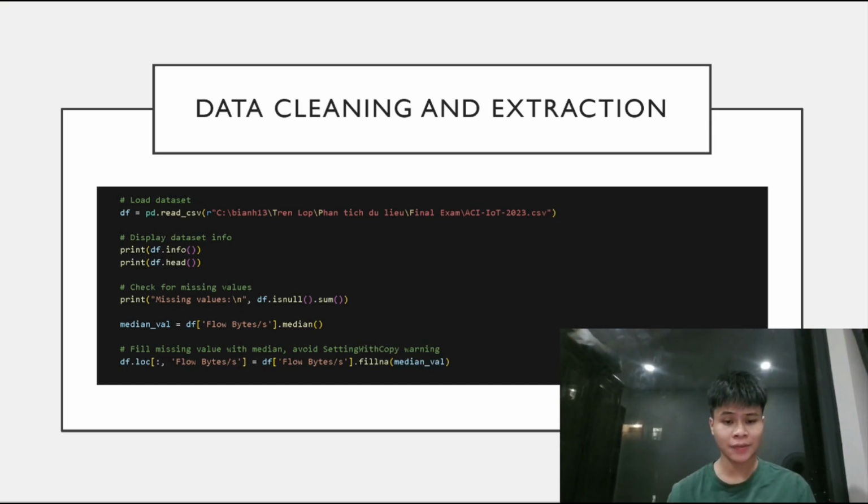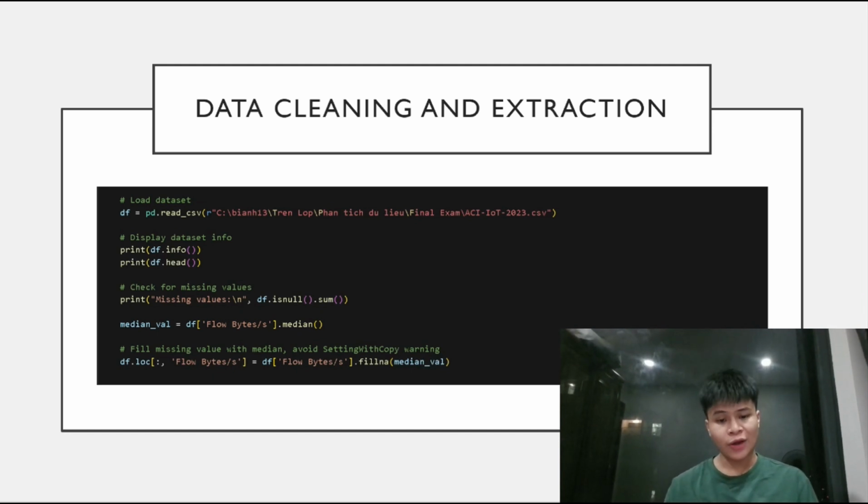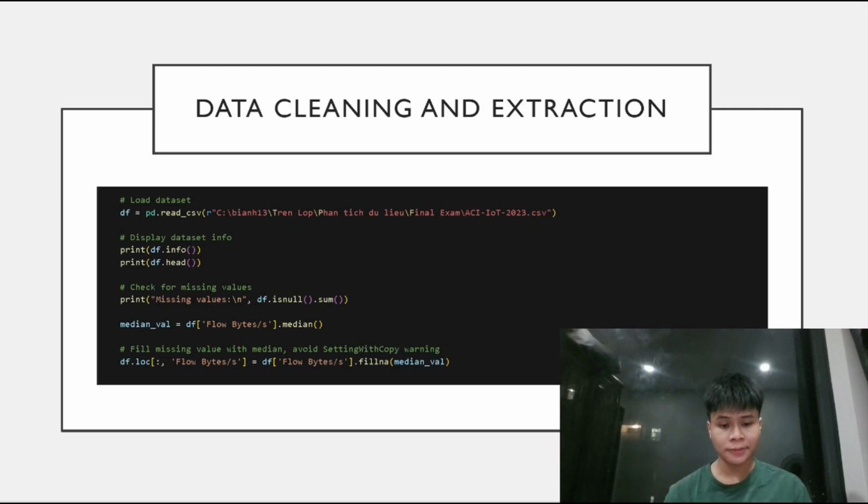Then we extracted key features including source and destination IP addresses, port numbers, network protocols like TCP, UDP, and ICMP, packet size, and timestamp.